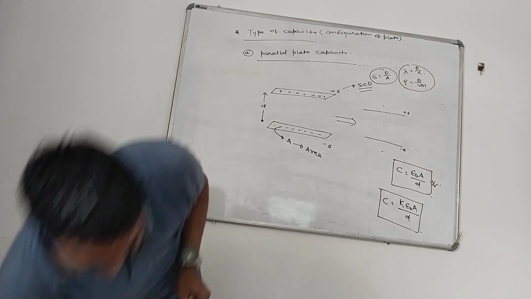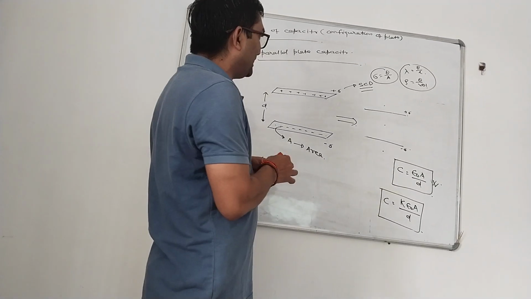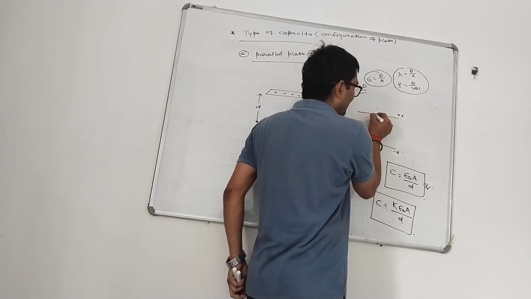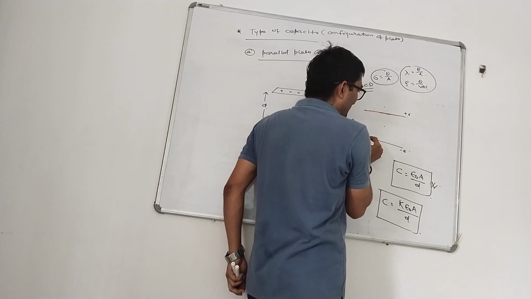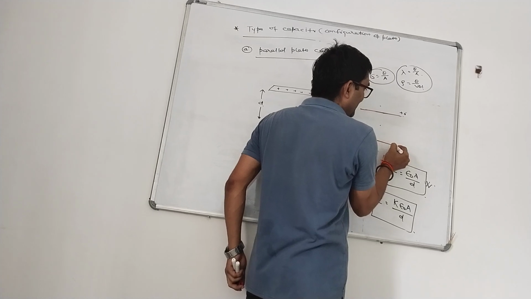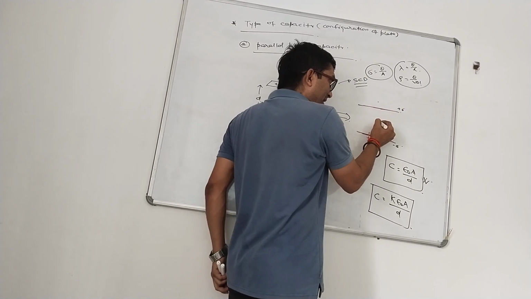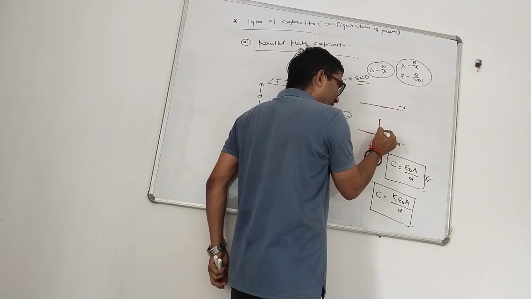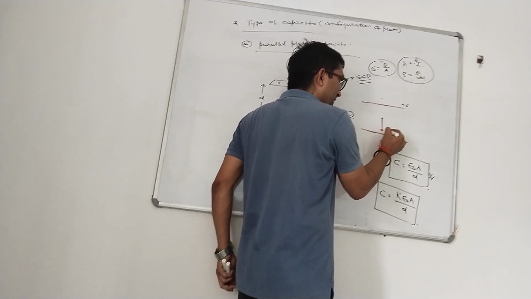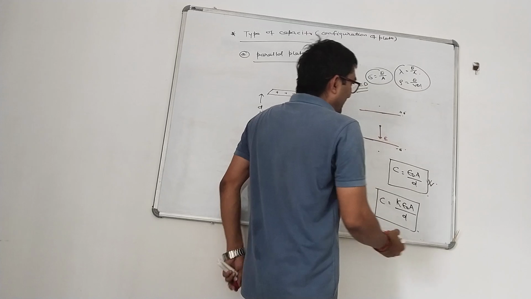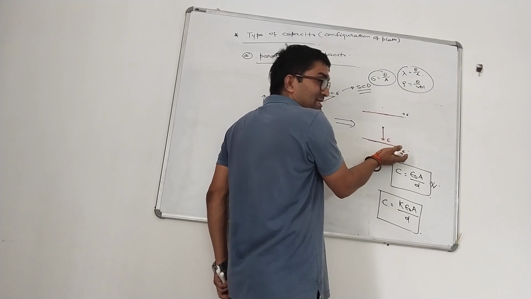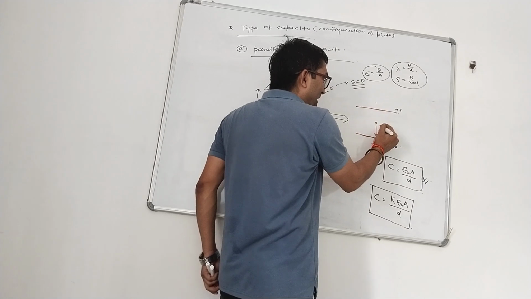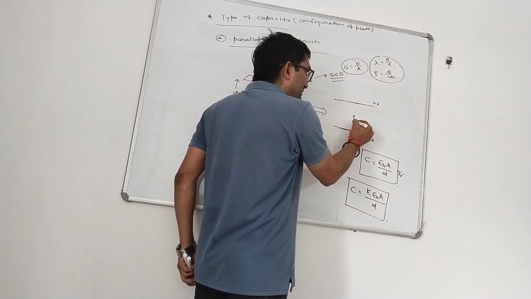If we calculate the electric field inside it, there are two plates, the first upper plate and the second lower plate. For the upper plate, the direction of the electric field is downward, E. And the lower plate has negative charge, so its electric field is also downward, E.